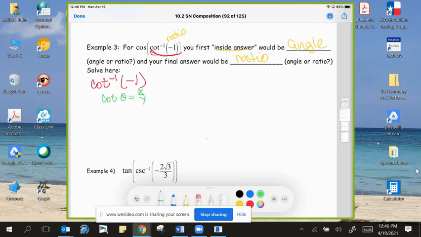So cotangent inverse of -1, that x over y would be -1 over 1. Now in what quadrants can cotangent inverse fall? Cotangent is like a cot, a little portable bed. There's your little pillow. So then we are looking in quadrants 1 or 2.